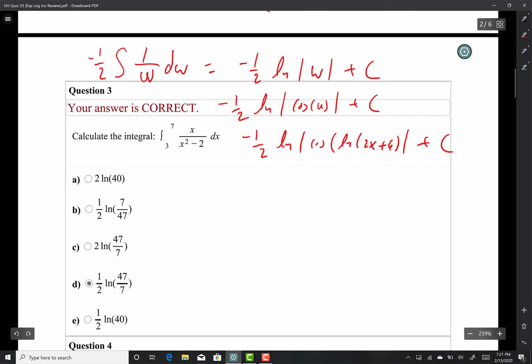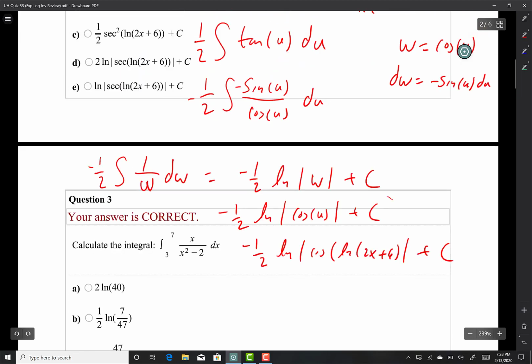Okay, that is because, side note real quick: if you have negative ln of cosine inside, that's going to be the same. So let's see.